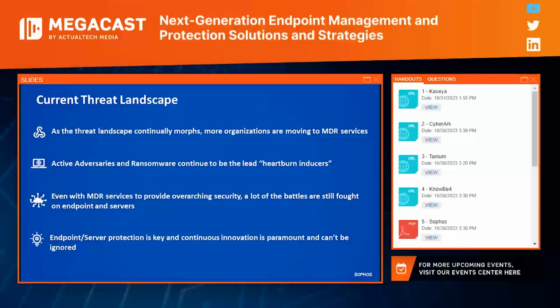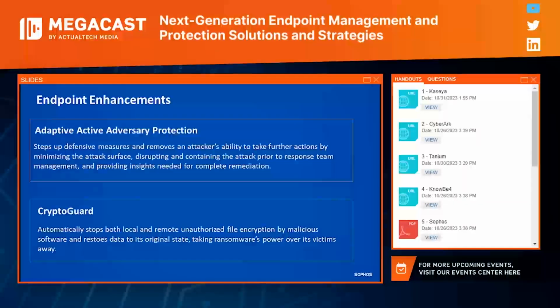And Sophos is doing this in a twofold way. I want to talk about two technologies that we've rolled out. The first is to combat the active adversary situation. With our adaptive active adversary protection, excuse me, that's a mouthful, what this will do is dynamically, in a context-based way, step up our defensive measures in order to remove the attacker's ability to further their progress, right?